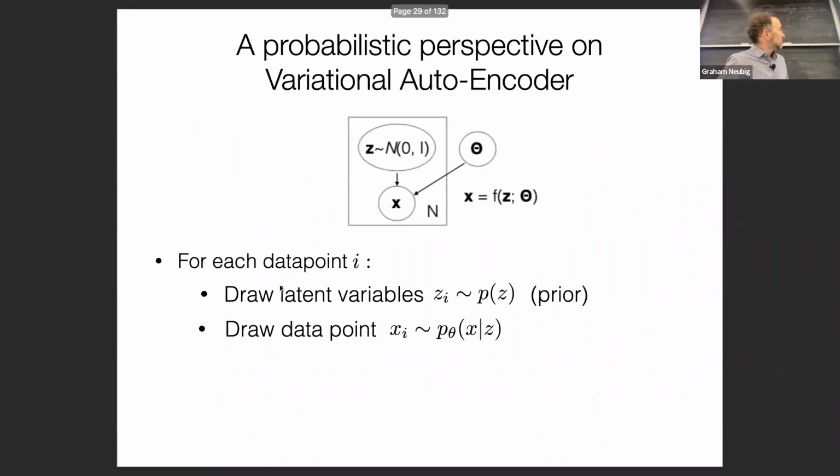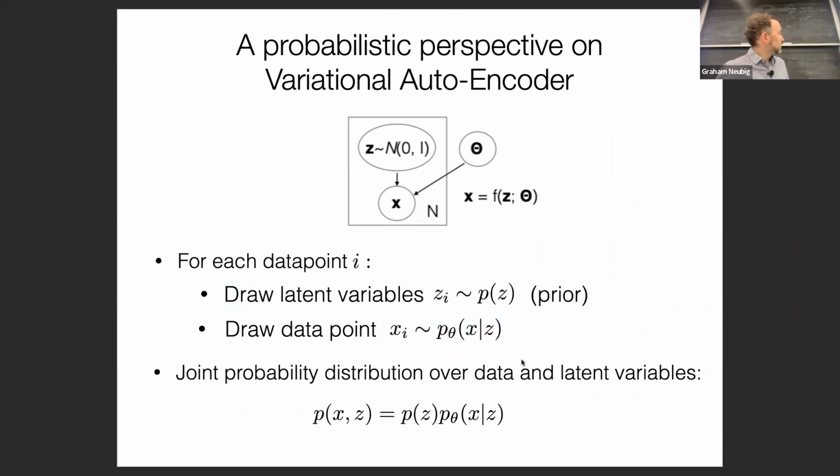Basically what we do is, for each data point, we draw latent variables according to this prior probability. And then we can also draw a data point according to this posterior probability here. The joint probability distribution over the data and the latent variables looks a little bit like this, just by the chain rule.